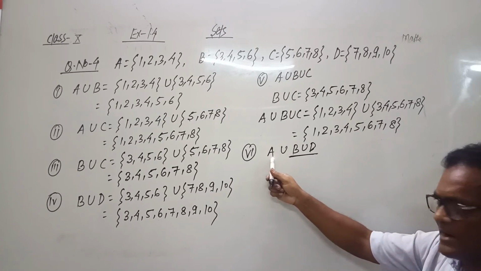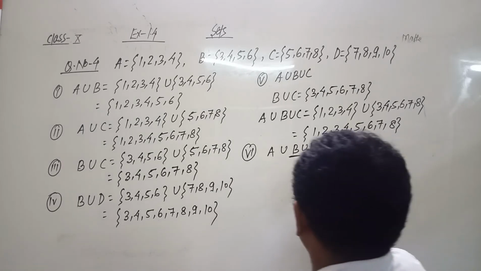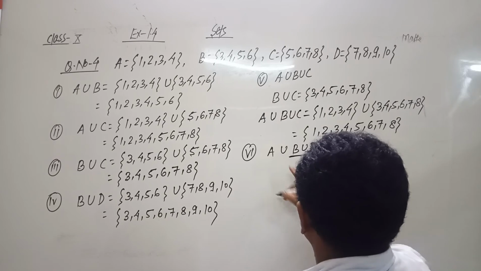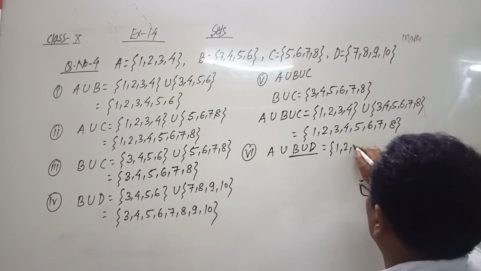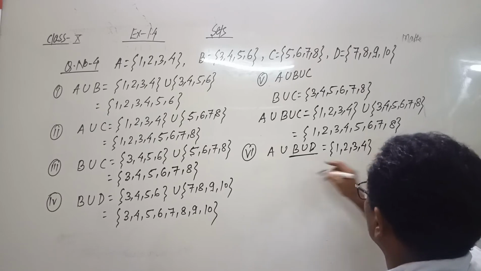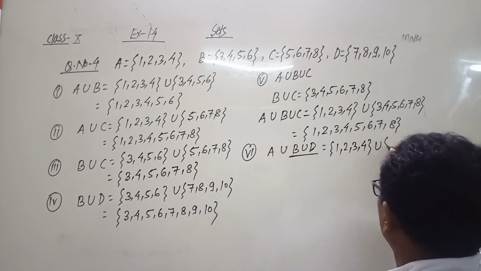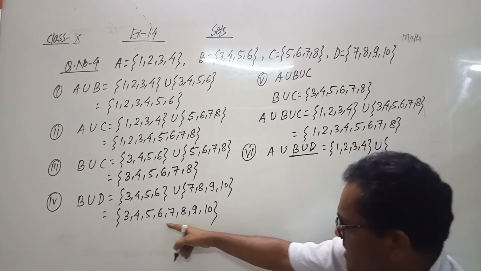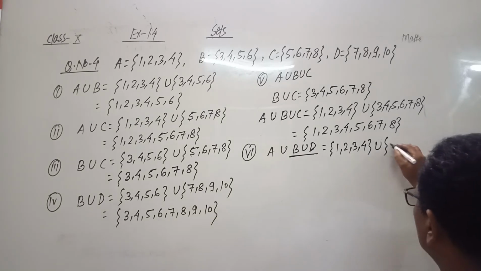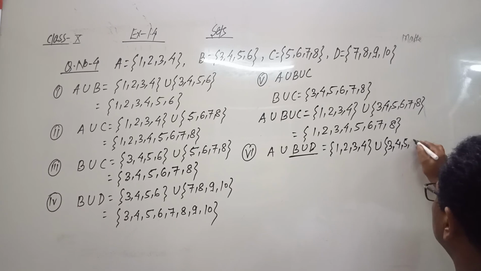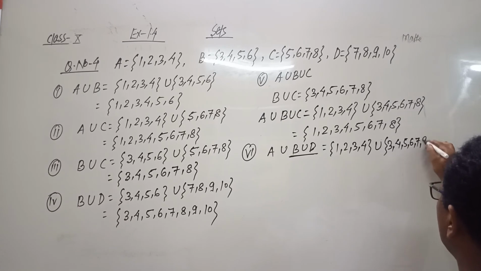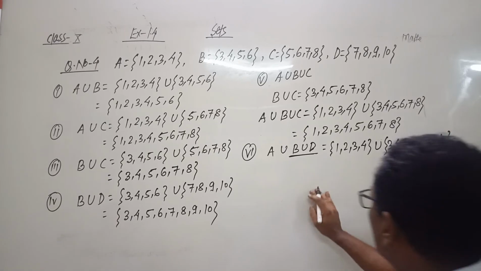So write down directly the elements of set A, which is {1, 2, 3, 4}, and put the sign of union, and the elements of set B union D, already calculated: {3, 4, 5, 6, 7, 8, 9, 10}. Then combine both the terms.